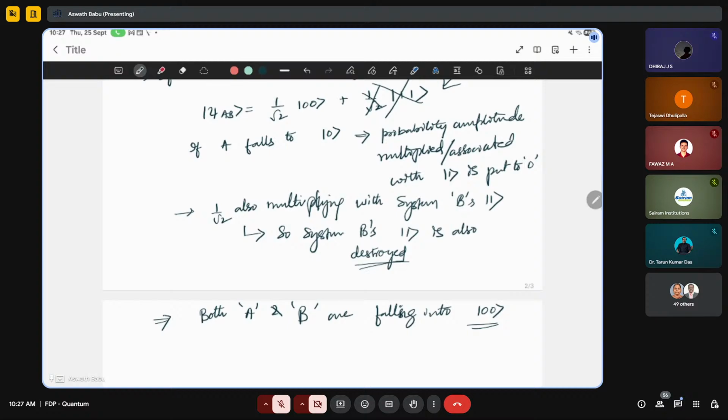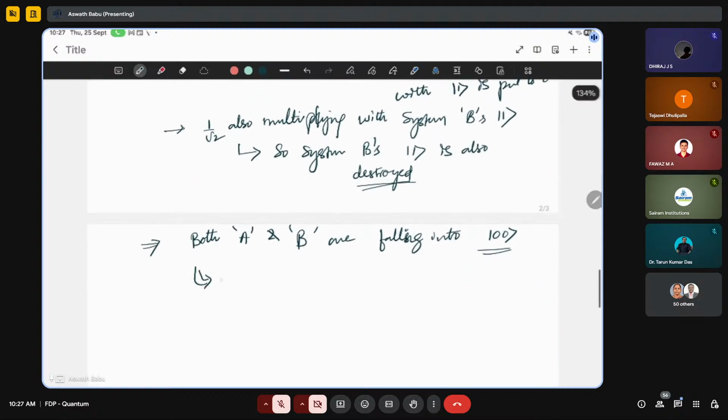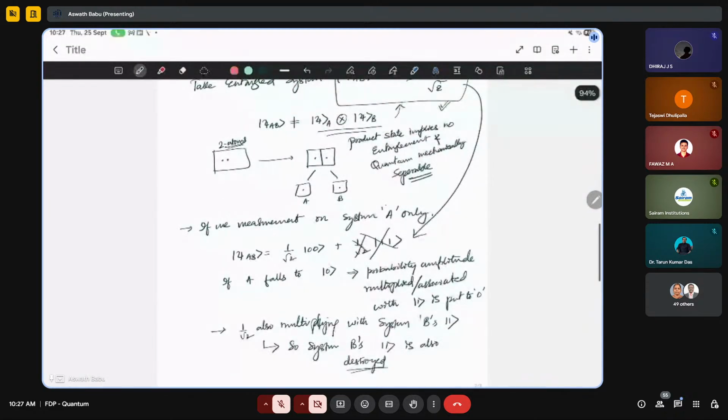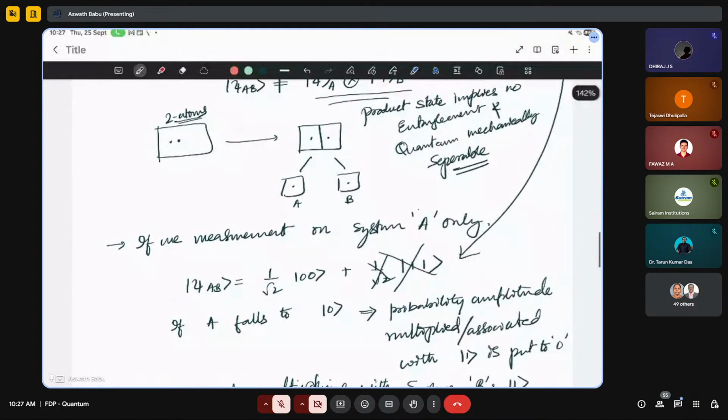I've not done anything with system B, but still it is falling into the 0 state, which is, by the way, the entanglement implication. Remember that, it's very, very important. I'm not saying this only happens in the entanglement case. It happens in any case.